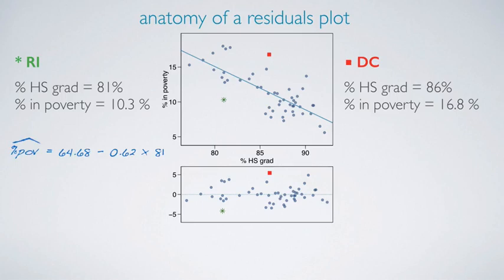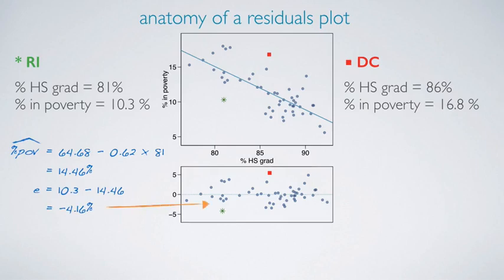So for that, we simply plug in 81% into our linear model, and we see that the model predicts 14.46% for the poverty rate in Rhode Island. The difference between the observed and the predicted rates is our residual, and that comes out to be negative 4.16%.